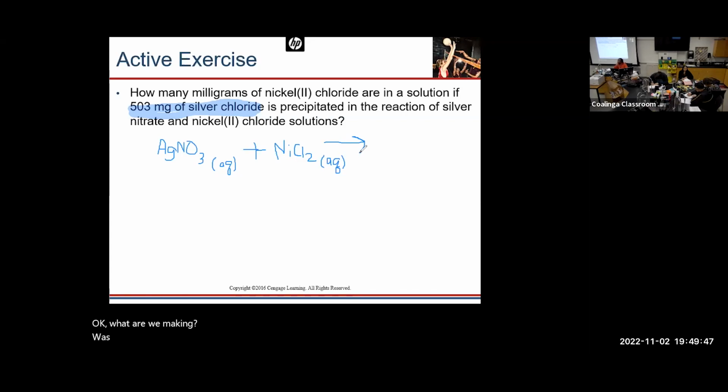Product. Okay, what is silver chloride? Cl. Is that going to be solid, liquid, gas, or aqueous?